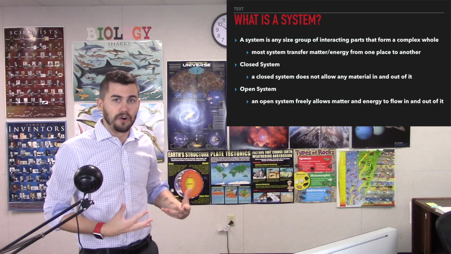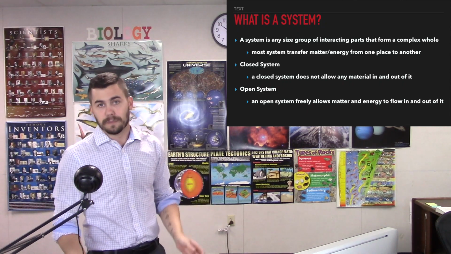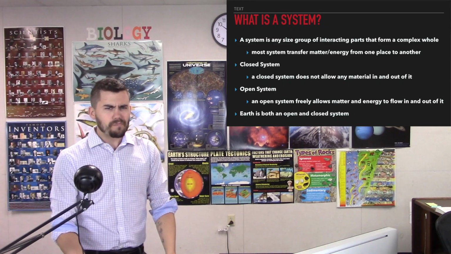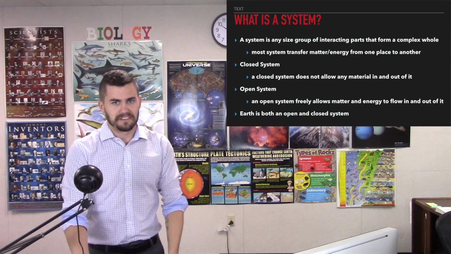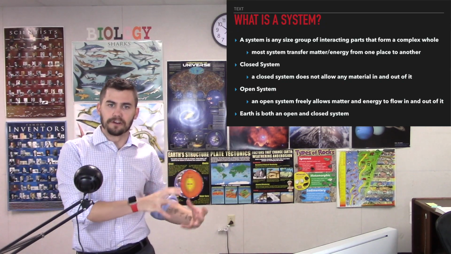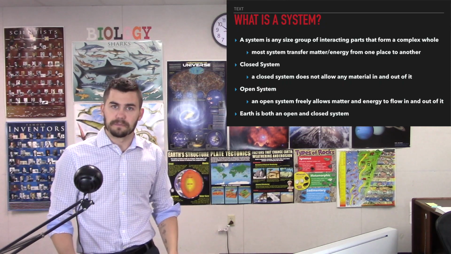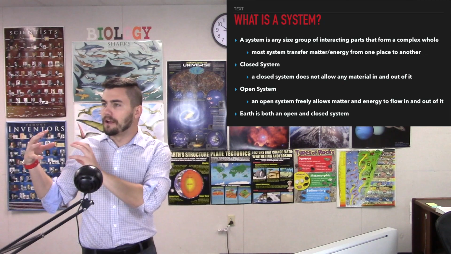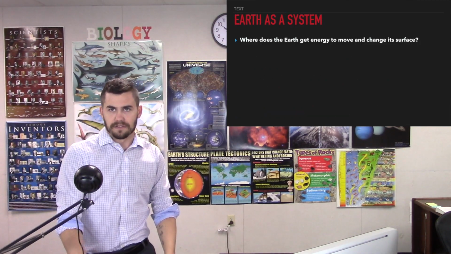It can only go as long as it has fuel within it. So that's what makes it an open system. And Earth is actually both an open and a closed system. The gist of it is the geosphere and the processes that go on with the geosphere are closed system interactions. Meanwhile, all other spheres are open system interactions.